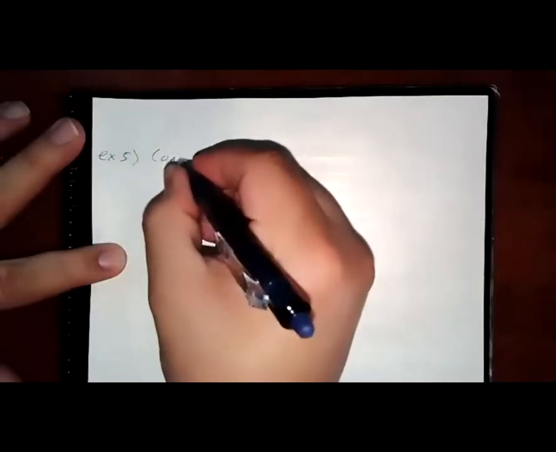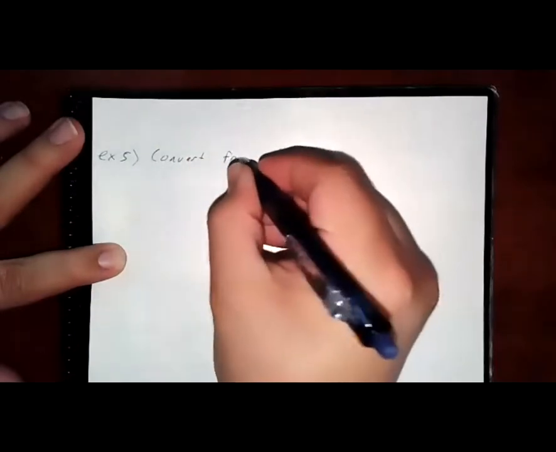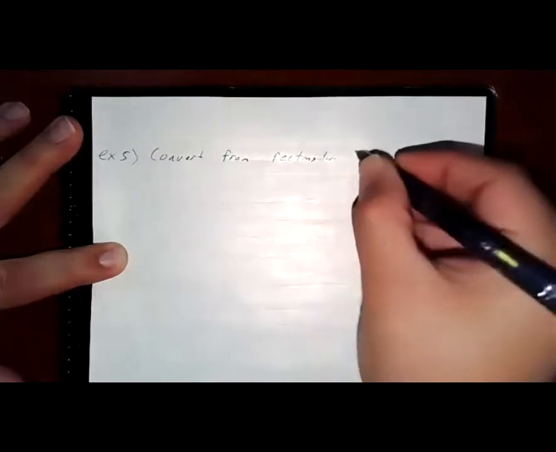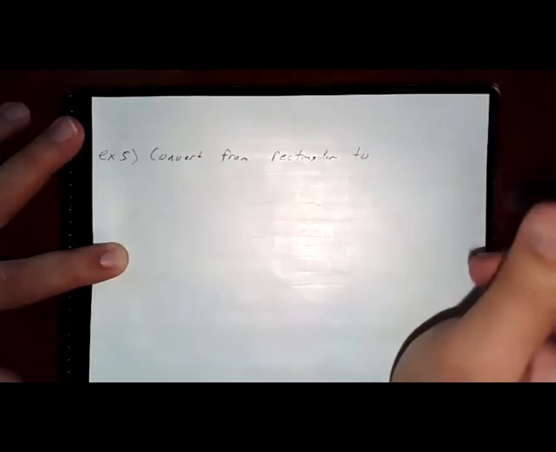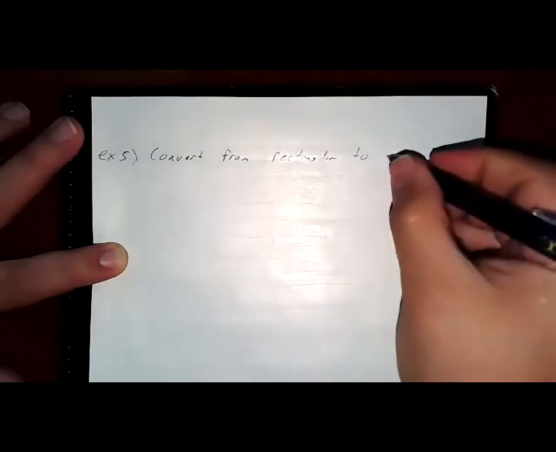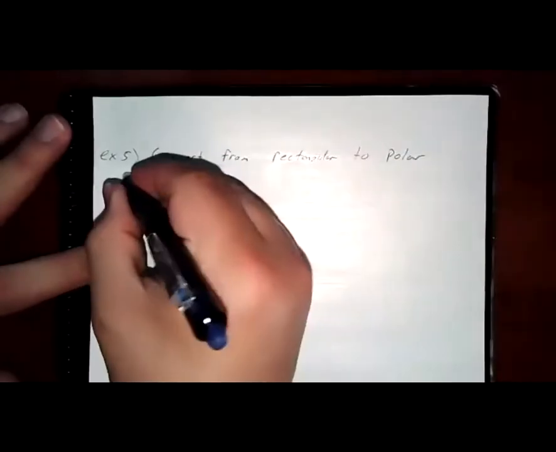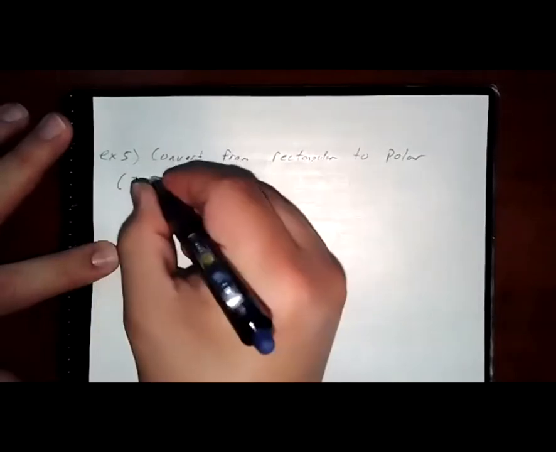So this time let's convert from rectangular to, oh, I'm sorry, yeah, to polar. That's right. So here's the point they give us, 7 comma 7 root 3.